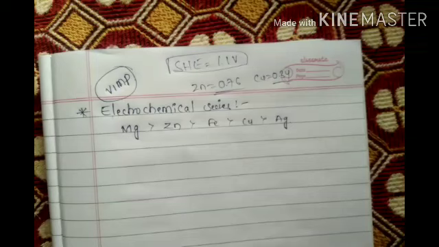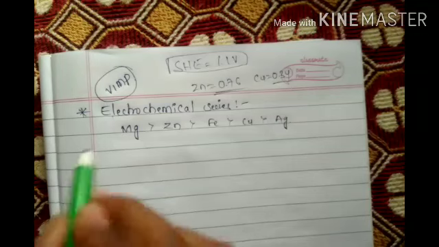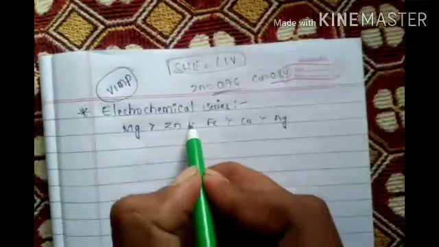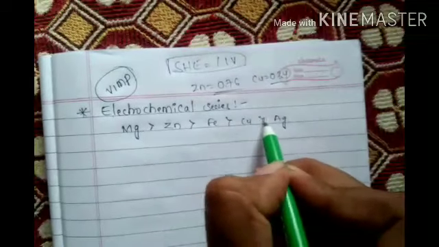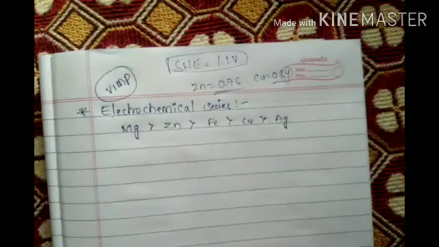For example, the oxidation potential of Mg, zinc, Fe, Cu and Ag is in this order. So this is also the reactivity order. Magnesium is most reactive, then zinc, then Fe, then copper, then silver. More oxidation potential gives more reactivity. Write this point.